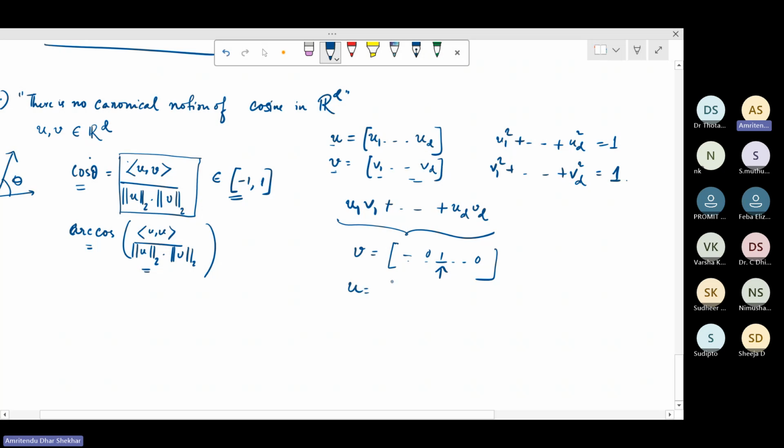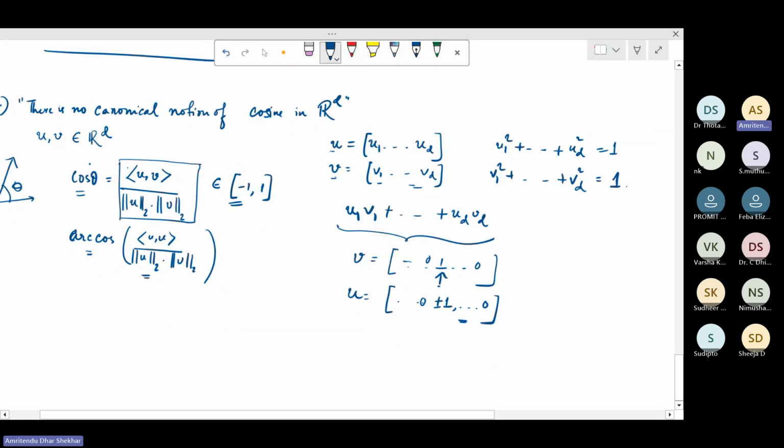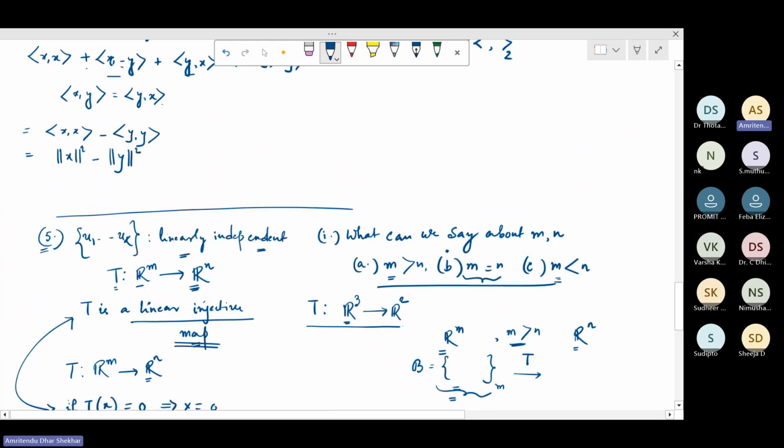And u is again exactly the same component equal to plus or minus 1, and the rest are 0. So that's when this expression is going to be maximized or minimized.